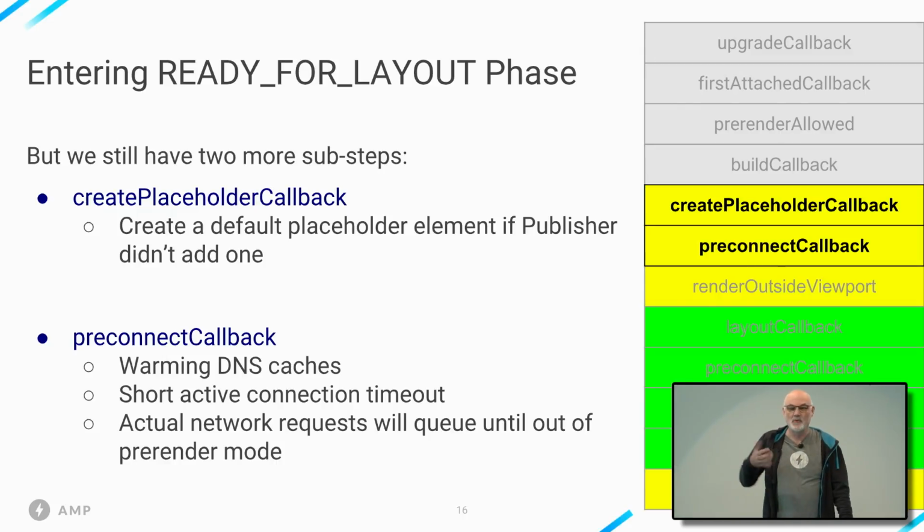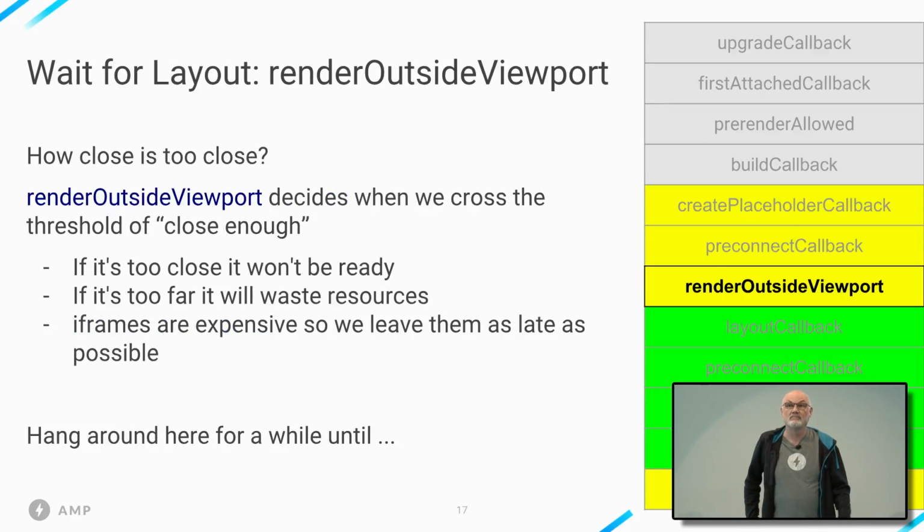And that's basically us opening a request to that site to get the TLS handshake and the DNS lookups and all of that out of the way early and pre-warm everything. Even if you're pre-render safe here, you can make network calls to the AMP cache, but nothing else. You can't do them further on.